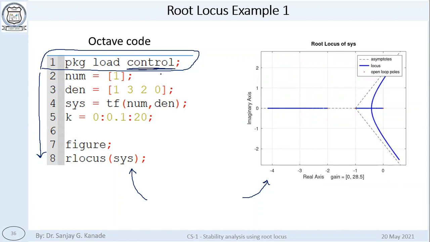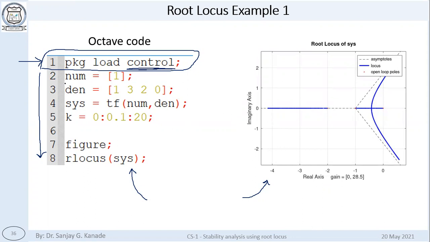In Octave, it is called a package, and with the first line we are loading that package. Okay, pkg load control. With this line, that control system package is loaded into the Octave environment, so that we can use control system commands in our further program.